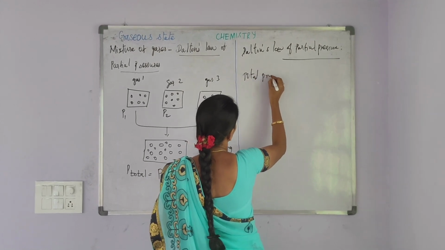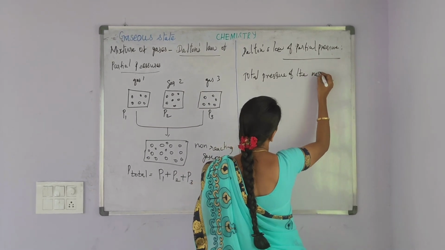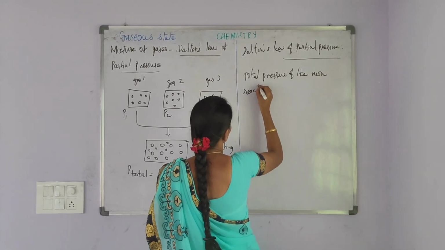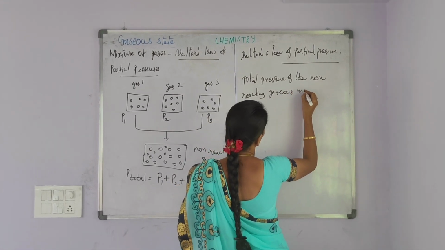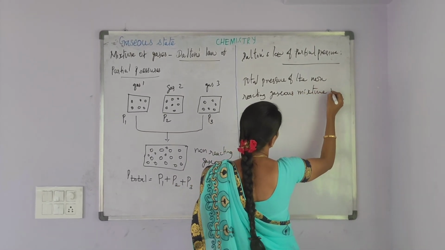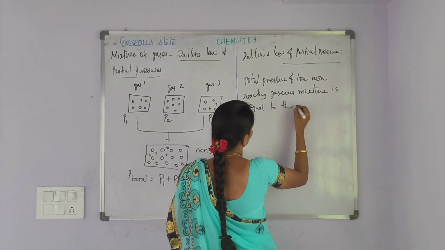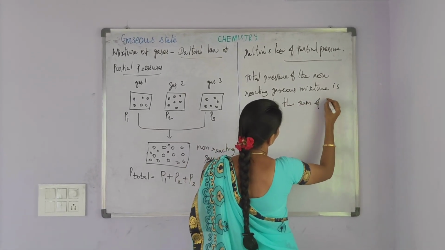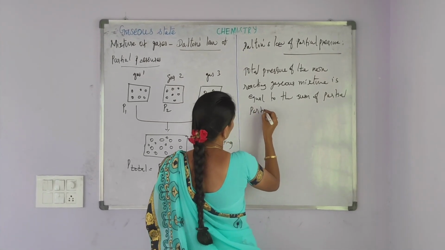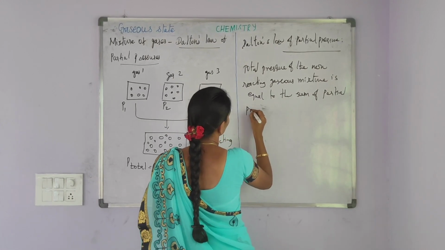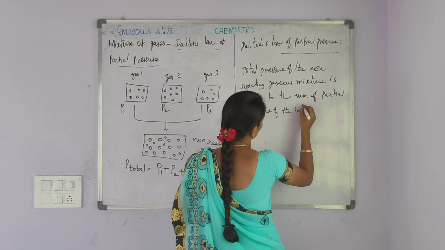That is, the total pressure of the non-reacting gaseous mixture is equal to the sum of the partial pressures of the individual gases.